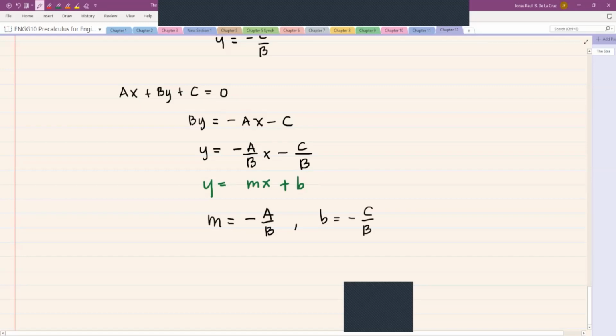So kapag pala given tayo ng equation in general form na ganito, ax plus by plus c equals 0, we can solve for the slope agad-agad. The slope is equal to negative a over b. And we can solve for the y-intercept that's equal to negative c over b. Okay?